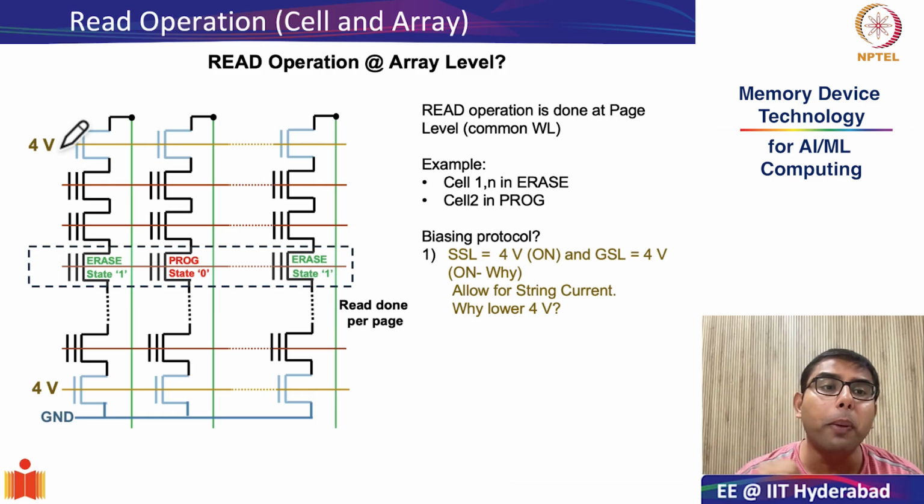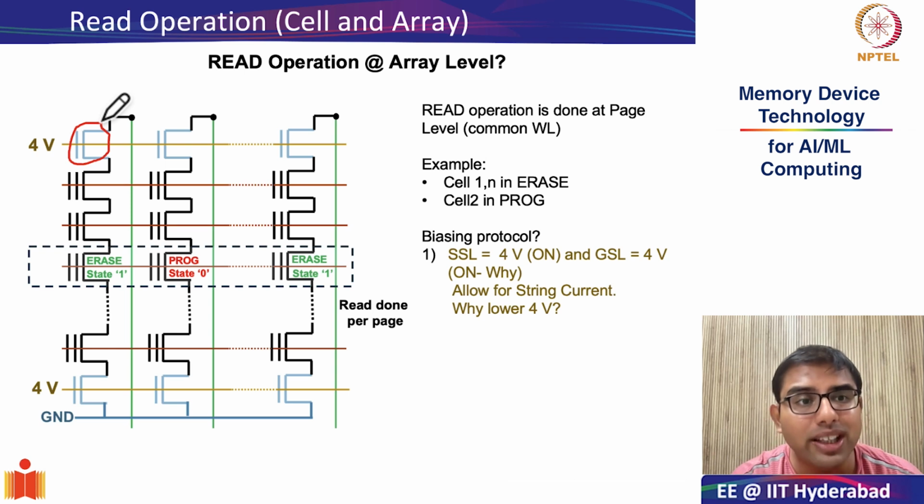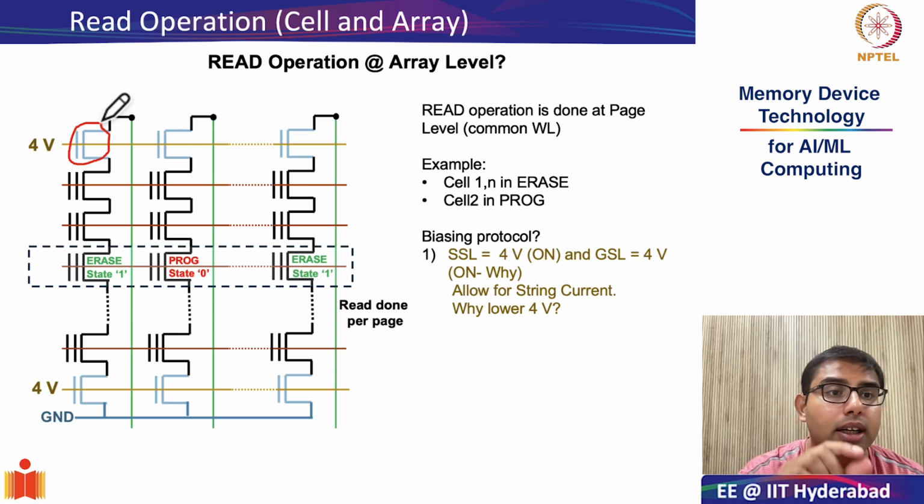And the idea is very simple. It is to control the amount of read current which flows through the string. So to control the string current, you can reduce the voltage at the GSL and SSL. Why would you want to reduce the read current? It is just to reduce power consumption.